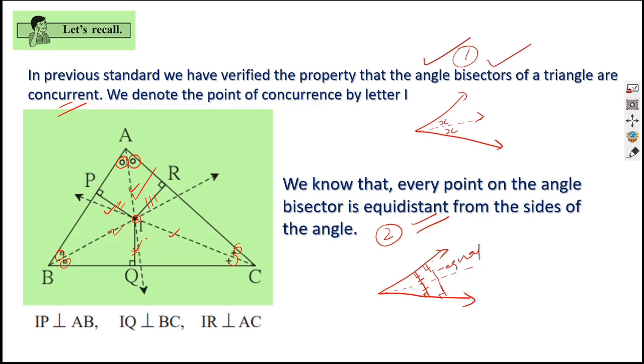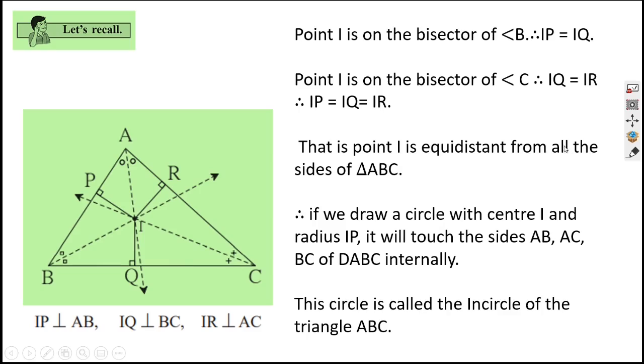That means all these perpendiculars drawn from the center of the triangle to the sides are equal. अगर ये जो हमारा previous knowledge सच है, हमको मालूम है, in that situation we can simply say that IP is equal to IR is equal to IQ.